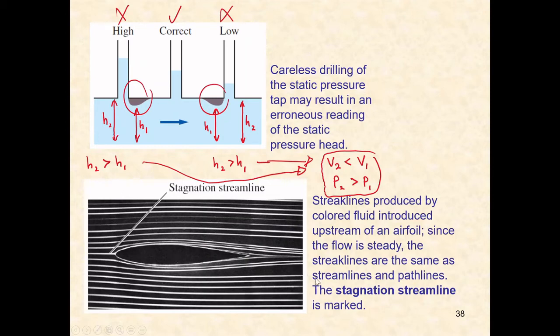So that is the distinction between streakline, streamline, and pathline. The easiest way to imagine a pathline is this: if you throw a stone, the path taken by the stone from the point you throw it to the point where it stops is a pathline.